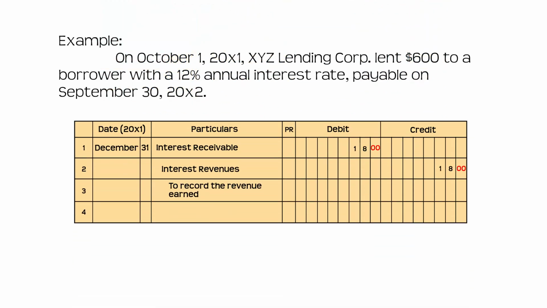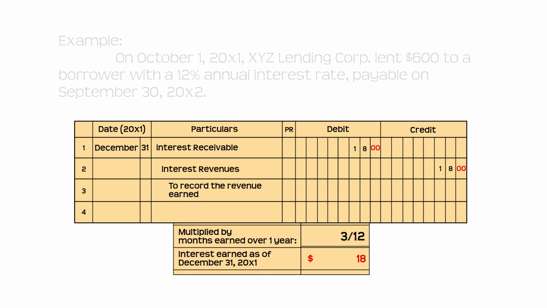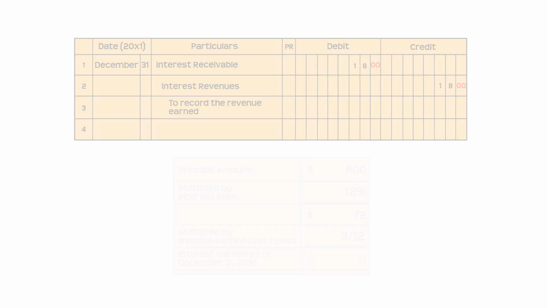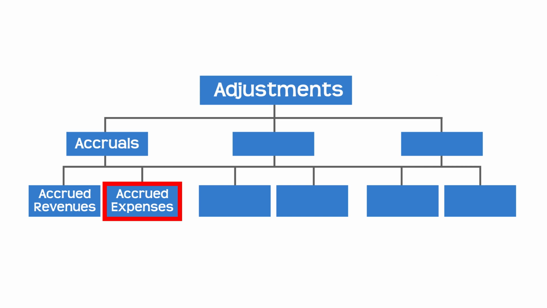On the reporting date on December 31, 20X1, the interest earned will be $18, derived from multiplying the principal amount with the 12% interest rate multiplied by 3 months earned divided by 12 months. Take note that the interest rate is for 1 year, thus we used 3/12 and multiplied it to the interest rate of 12%. Next, accrued expenses.